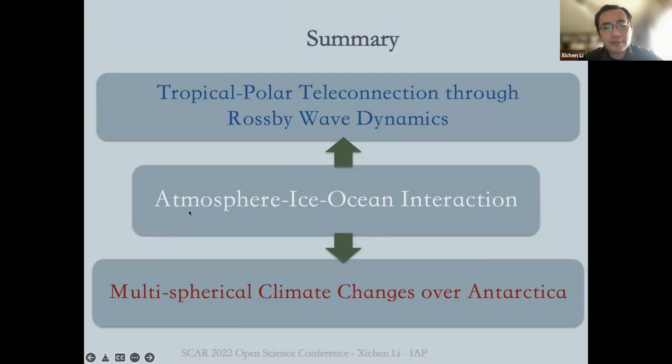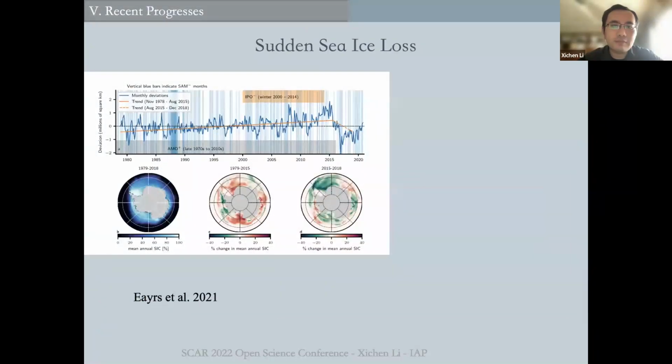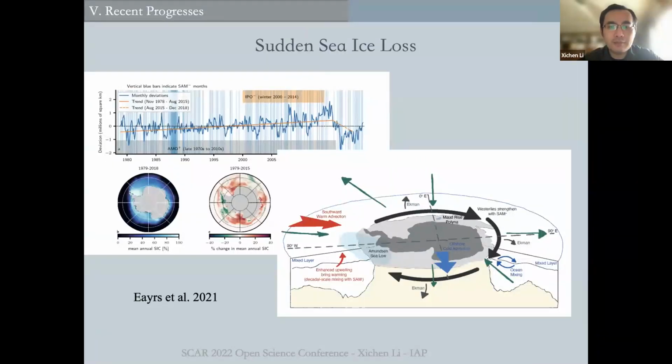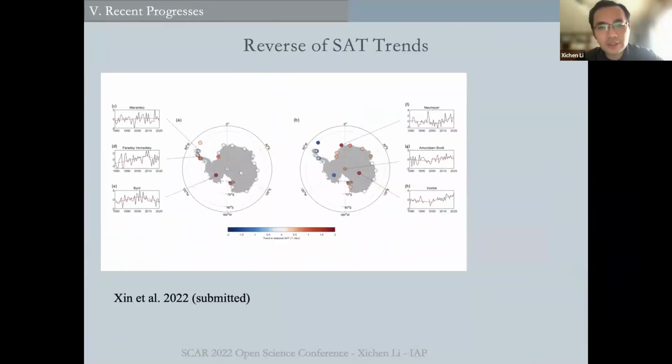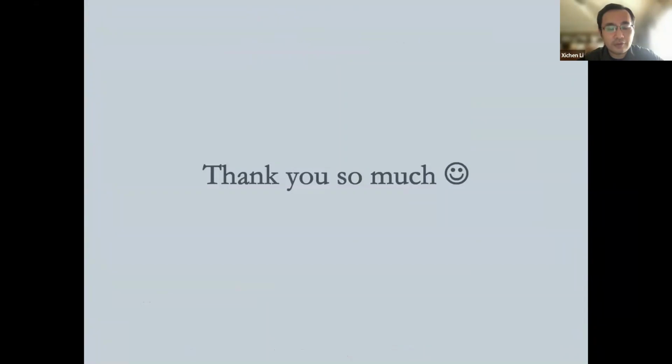And through a series of atmosphere-ice-ocean interactions, this deepened atmospheric low hits West Antarctica and cools East Antarctica. They changed the sea ice and also accelerated the glacier melting around West Antarctica. We also have some very brief progress, but because of time limitation, I will skip this part. Thank you so much.